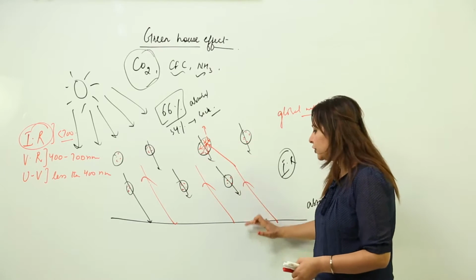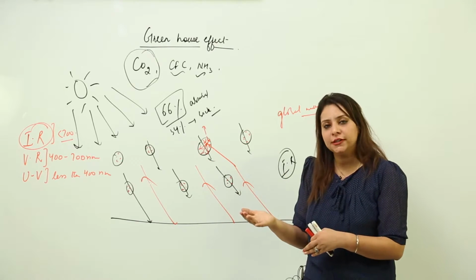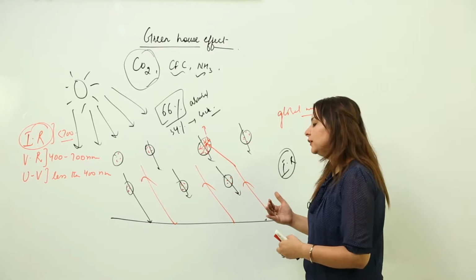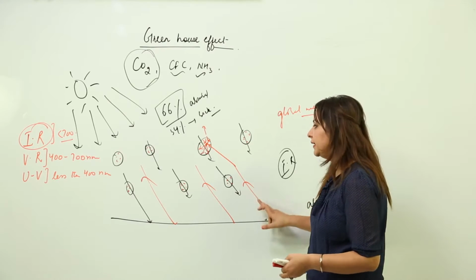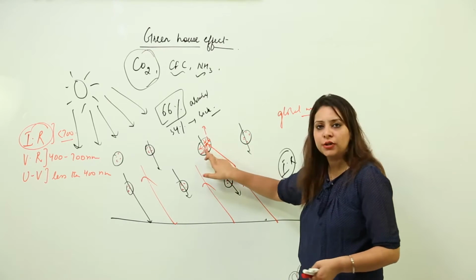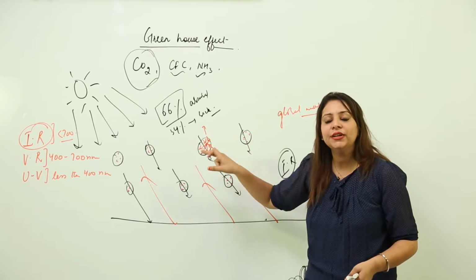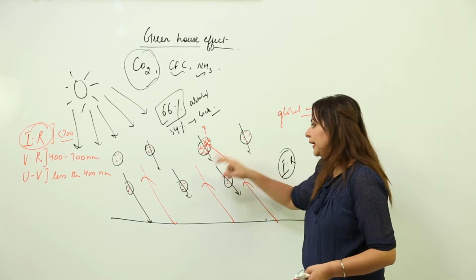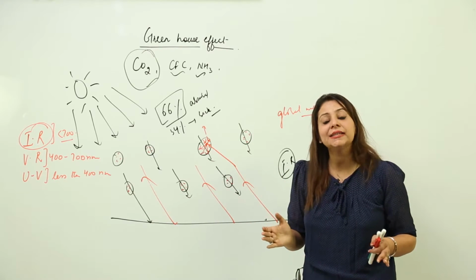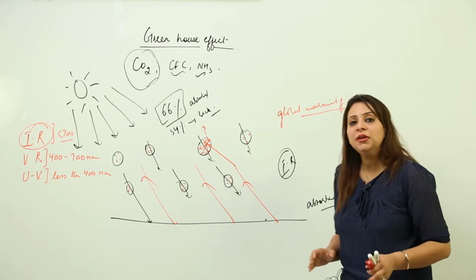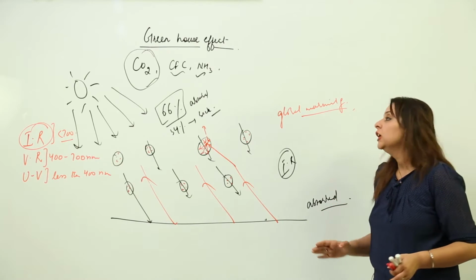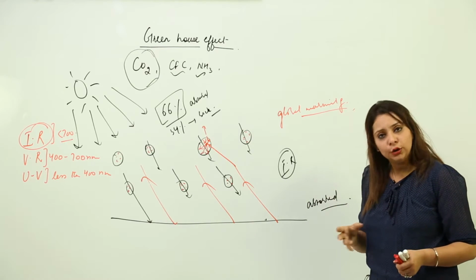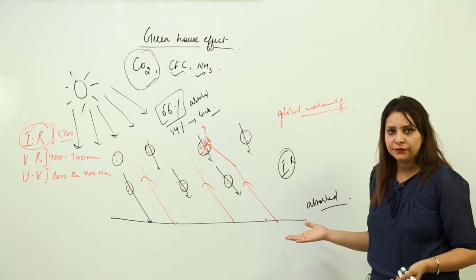But after reflection, their wavelength increased beyond a certain limit, and radiations with that wavelength are allowed to enter but not to escape. They get trapped inside and raise the temperature of the earth, and that is called global warming. This is the greenhouse effect.